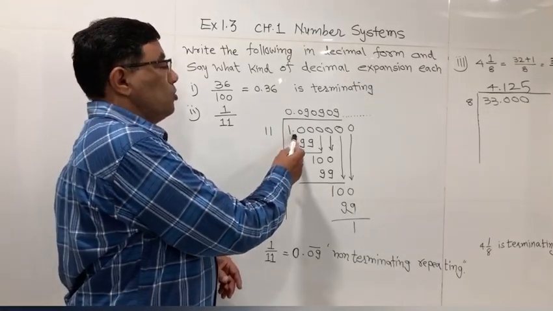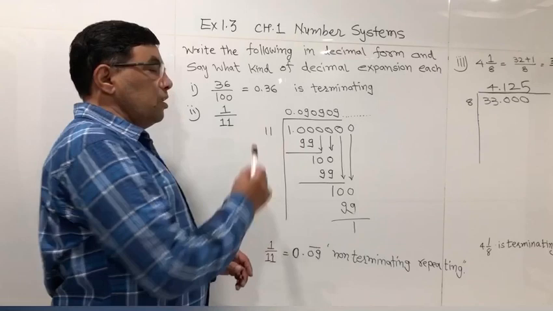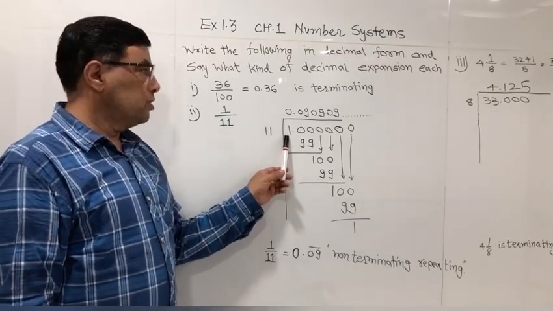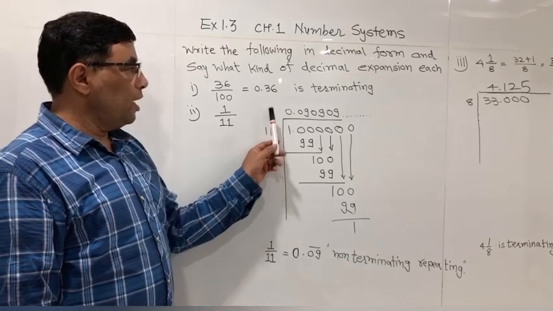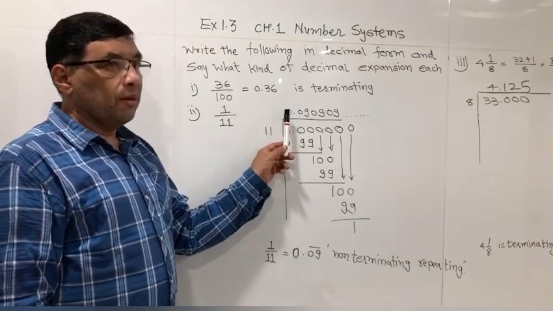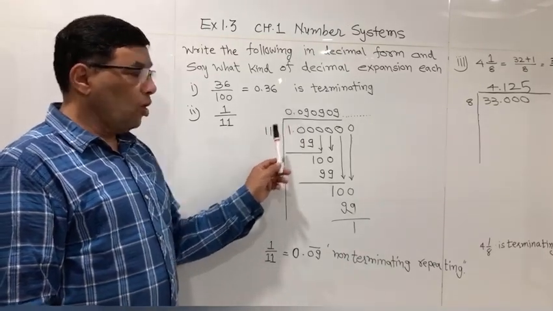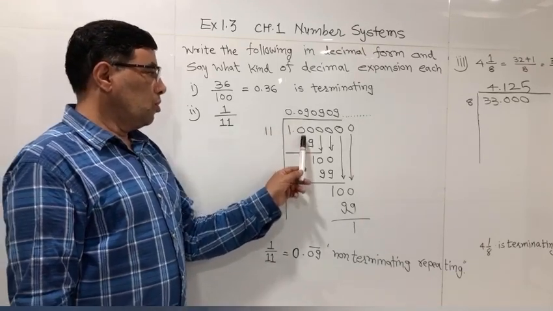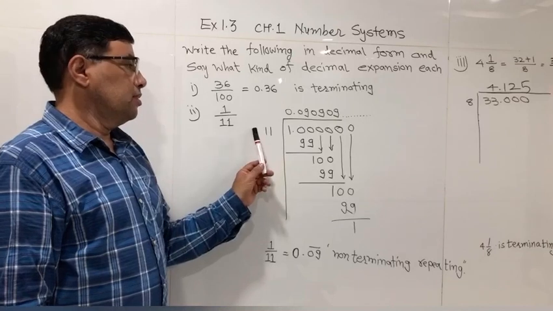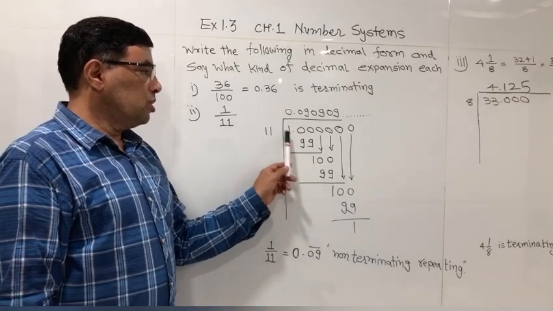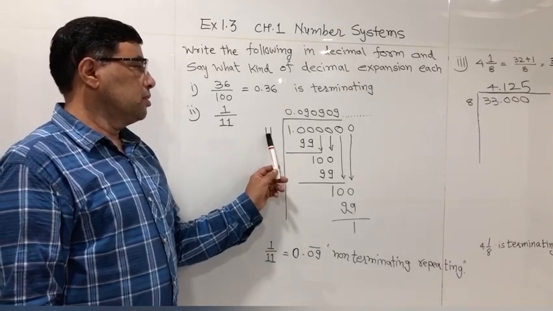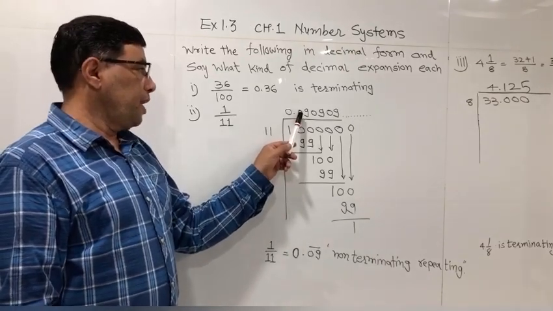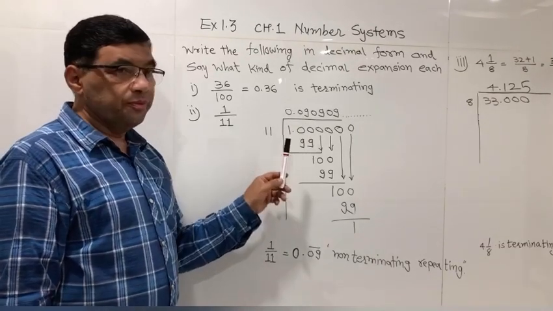As you know, 1 is here, 11 is here. The number is less than this one, so first of all we apply a point, then 0. Now 10 we take, then also it is less than 11, so after the point we apply 0.